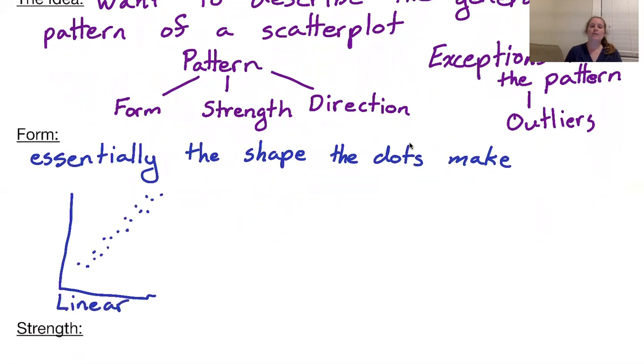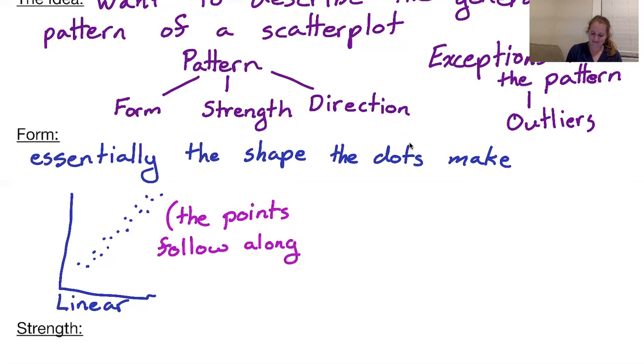Again, it's nowhere near perfect. It's not an exact line, but the general pattern, the points seem to follow along a line more or less. Then the other ones we'll just classify as nonlinear, and those are often curved.